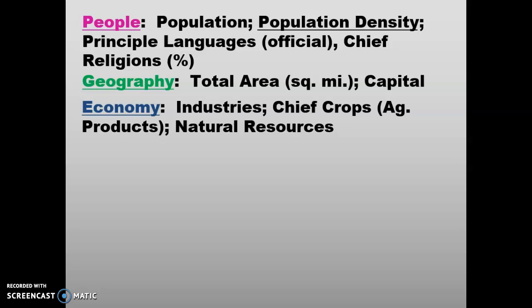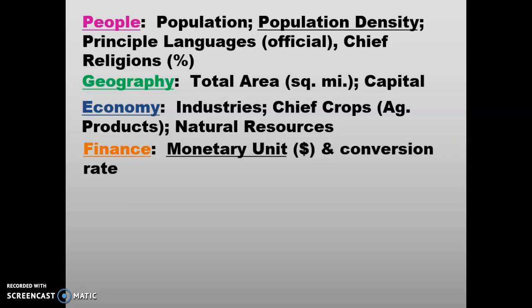The economy paragraph talks about the major industries, the major agricultural products, and the major natural resources found in this country. You will probably use those frequently, depending on the style and the topic of your project. Finance: you'll need the monetary unit and its conversion rate. Monetary unit is a fancy way of saying money or currency. So the name of it and how much of their money equals $1 US.